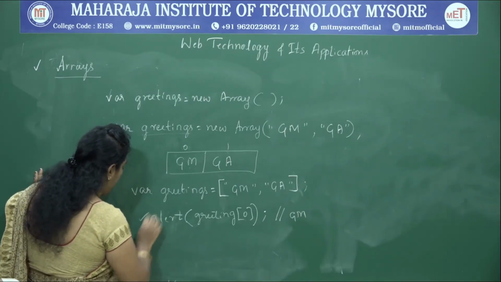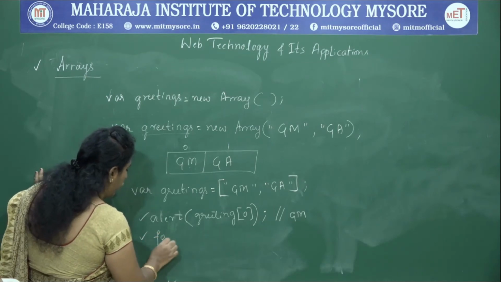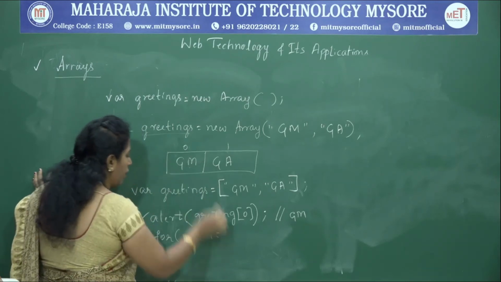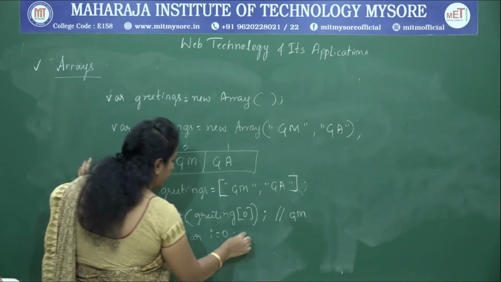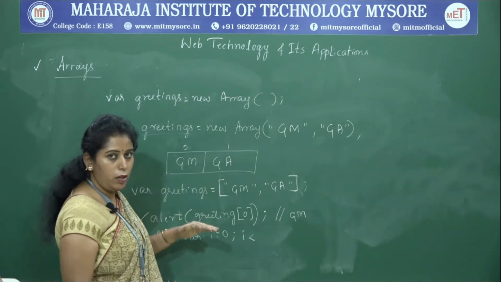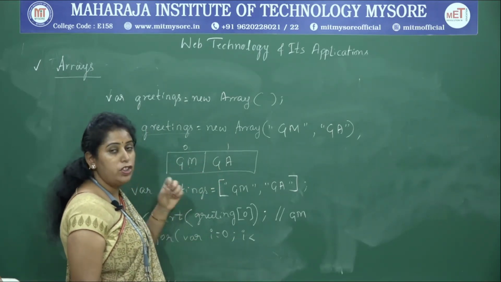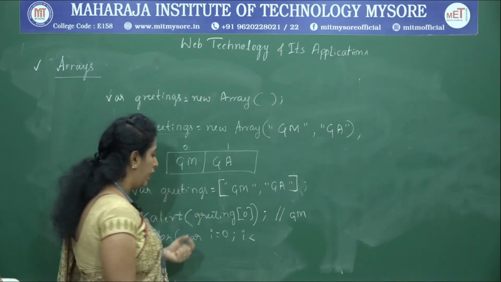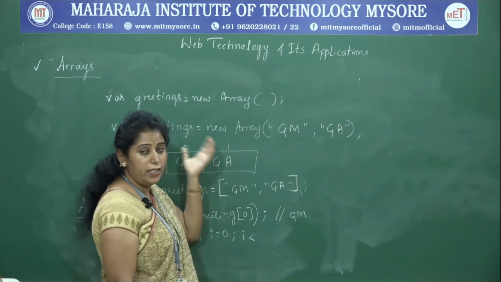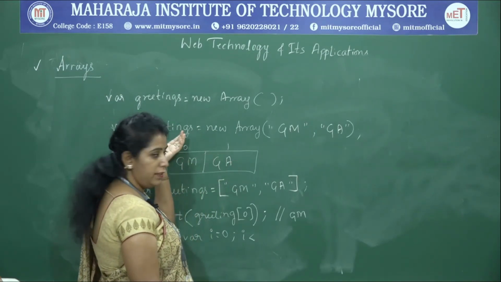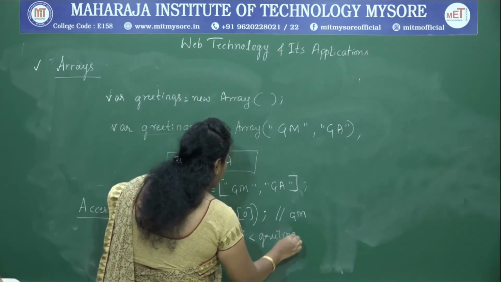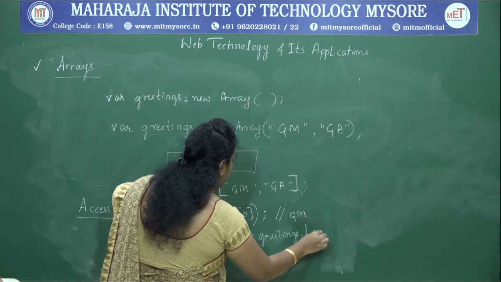You can take up another example using a loop, where I should start printing from which index? 0th index. I less than... I don't know the length of an array. So call a property called length, which gives you the number of elements in an array. Okay. So how to call? From which array's length do you have to find? Greetings array, right? So greetings dot length.